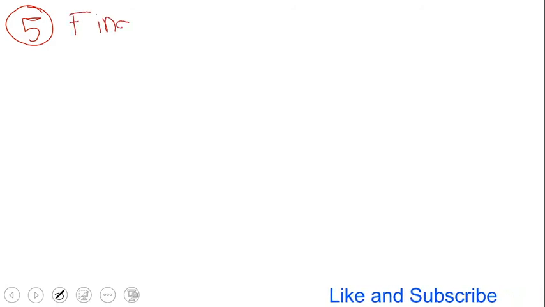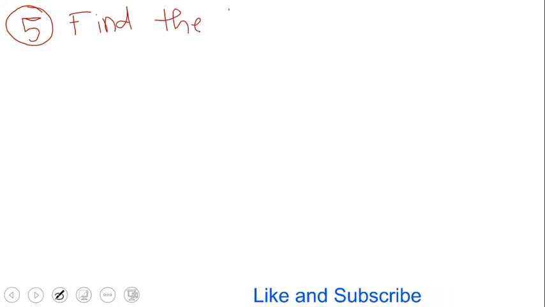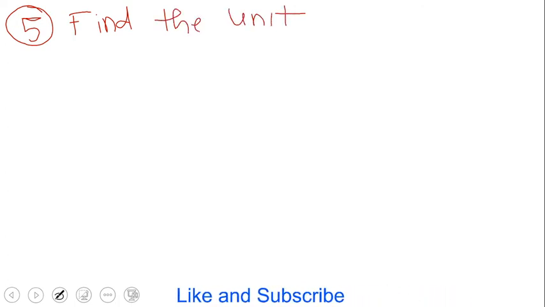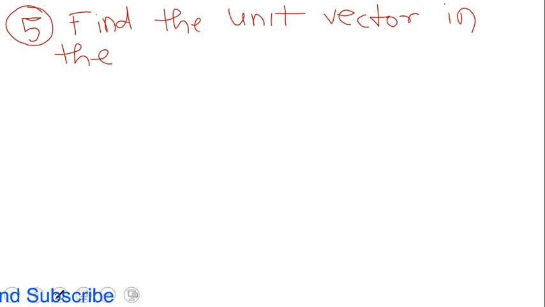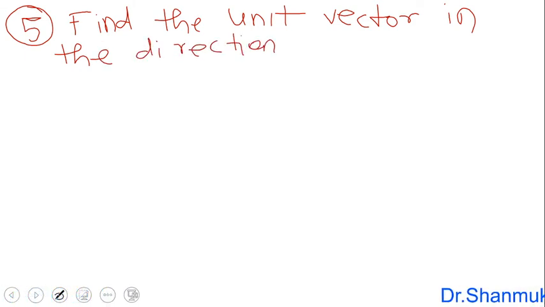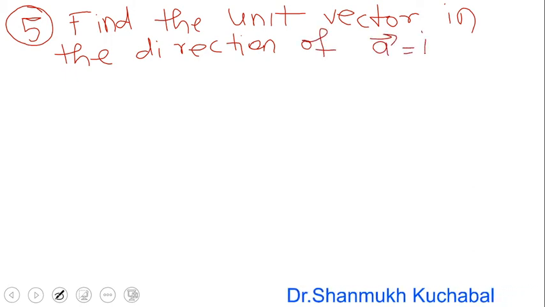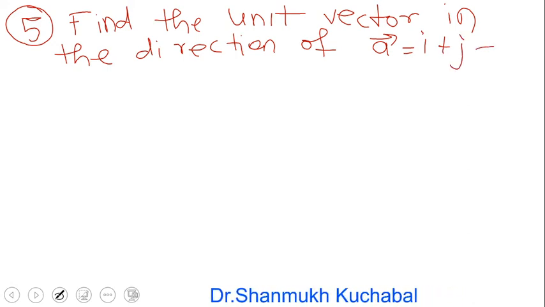One more example we will solve on vectors here. Example number 5. Find the unit vector in the direction of vector A equal to i plus j plus 2k.